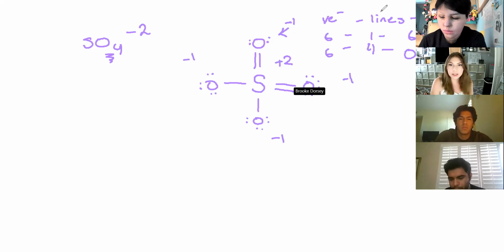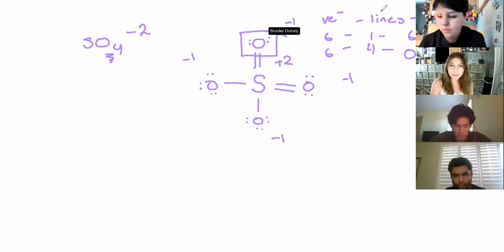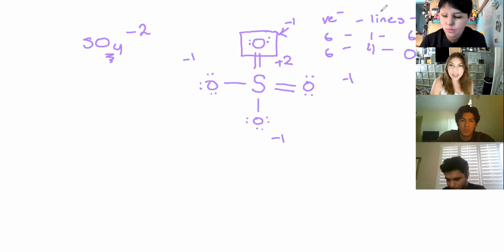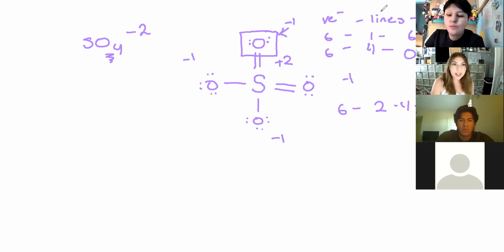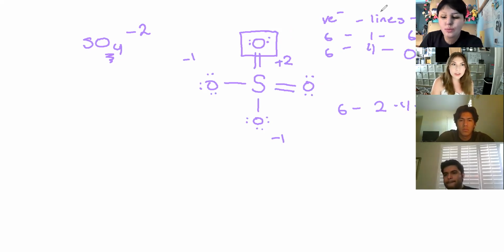Now, what's the formal charge of this oxygen atom? 0, right? Because it has 6 valence minus 2 lines minus 4 dots. Do that math, you get 0. So this is 0 and this is 0.